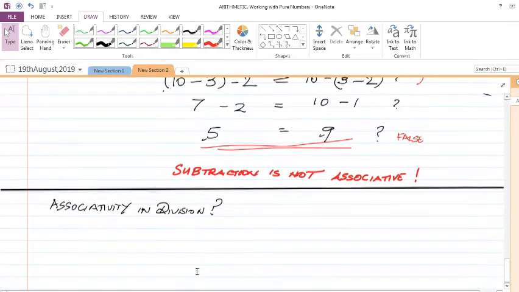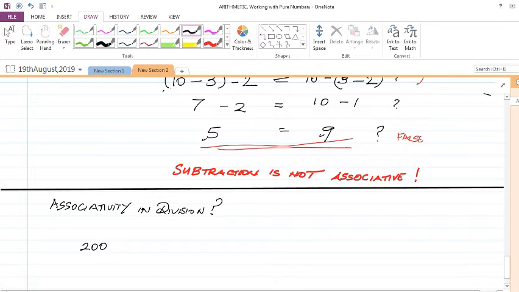What we wish to see is, if it's associative, if true, then A divided by B divided by C should be equal to A divided by B, divided by C in brackets, sorry.